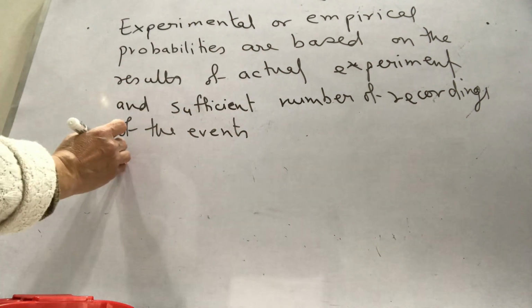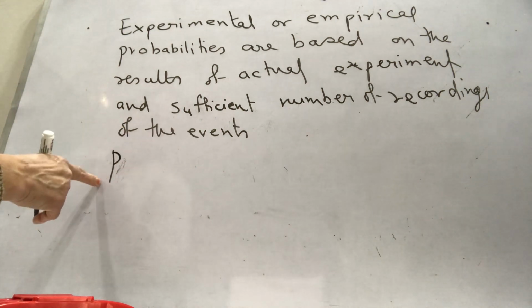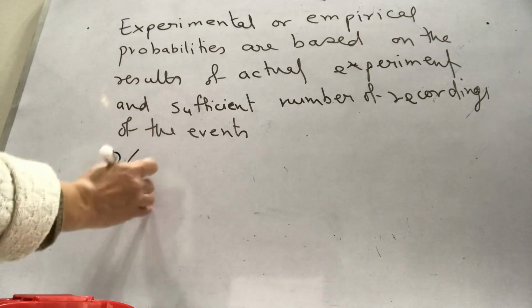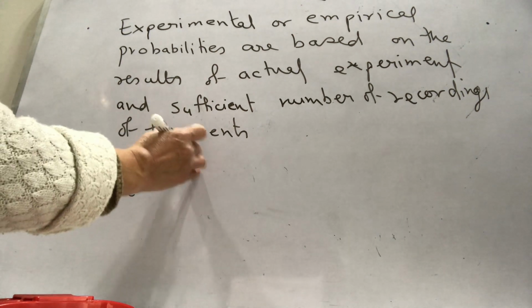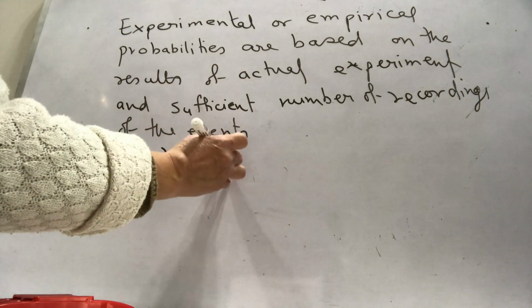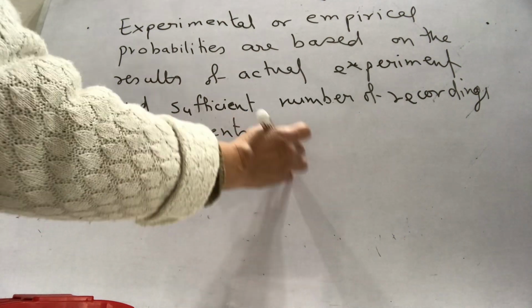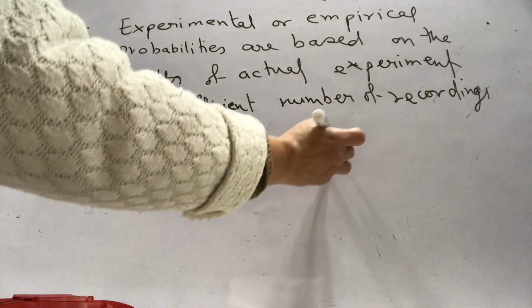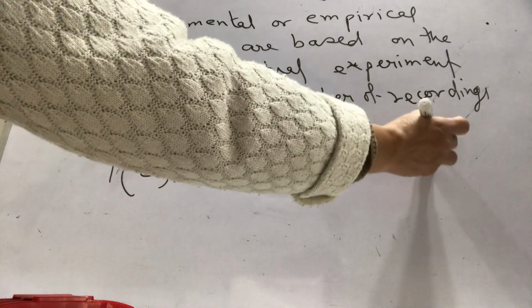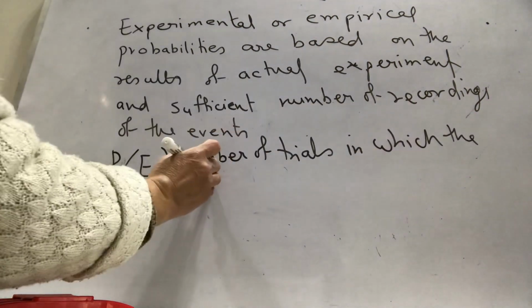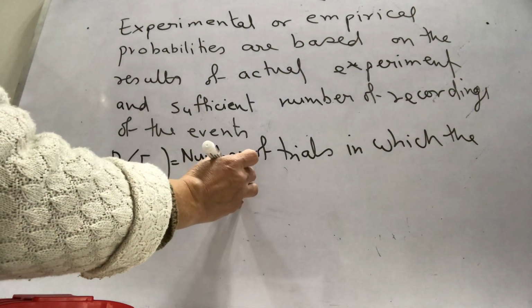And the formula we always write from the word probability, event we write E. This is number of trials in which the event occurred.